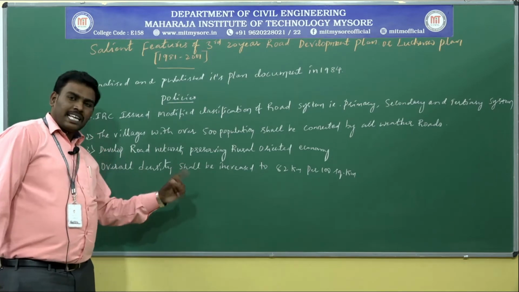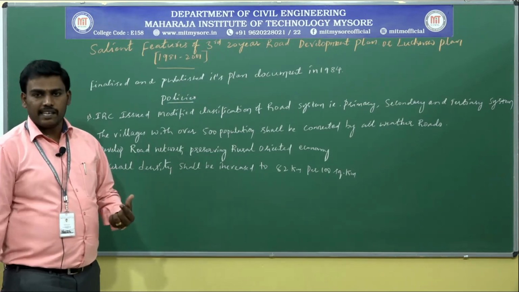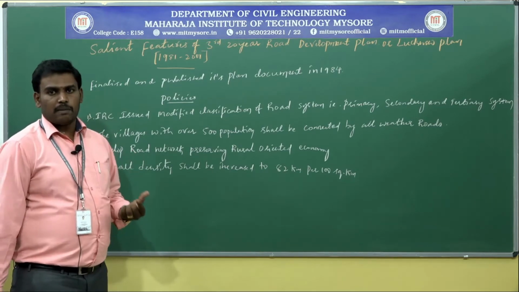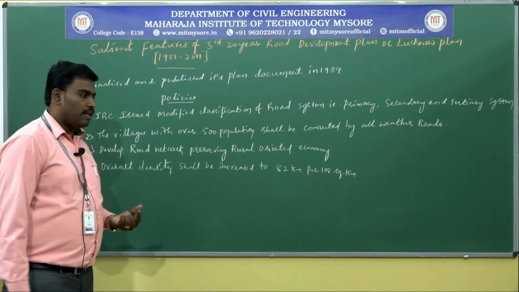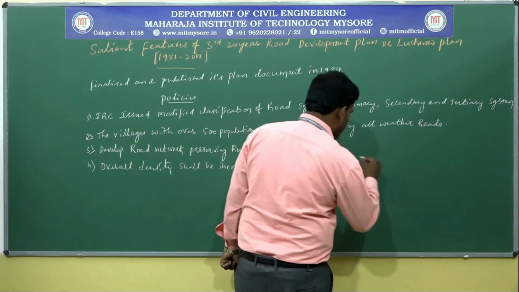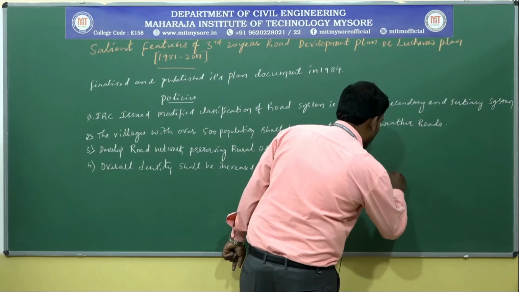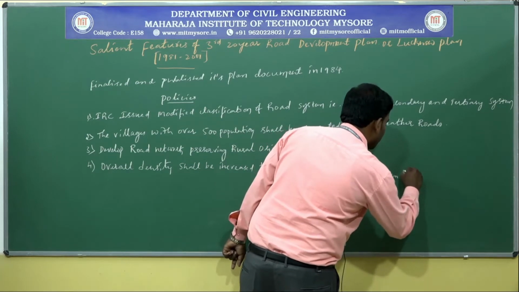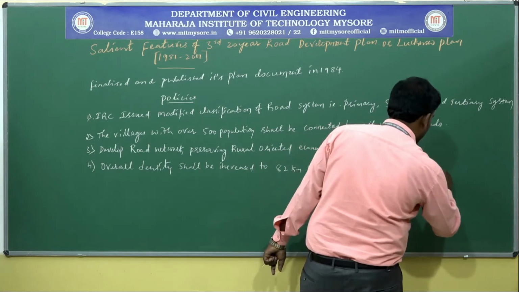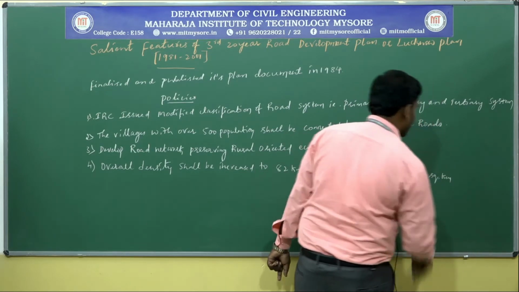But if it is hilly terrain, particularly areas whose elevation is about 2100 meter above mean sea level, the density was reduced to 40 km per 100 square kilometer area.